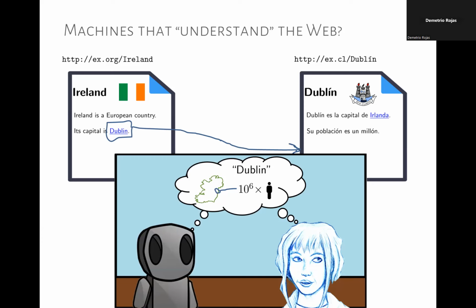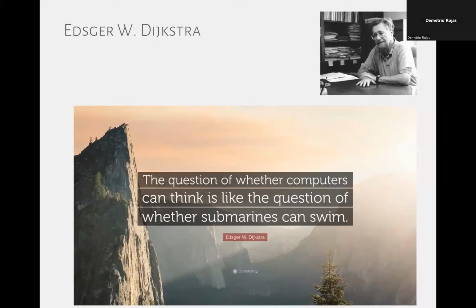So when I say think and understand, there's this quote by Dijkstra, who you've heard of in the context of graphs, the Dijkstra algorithm. Dijkstra has this quote: the question of whether computers can think is like the question of whether submarines can swim.